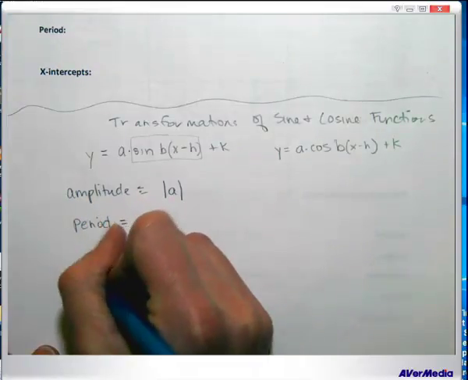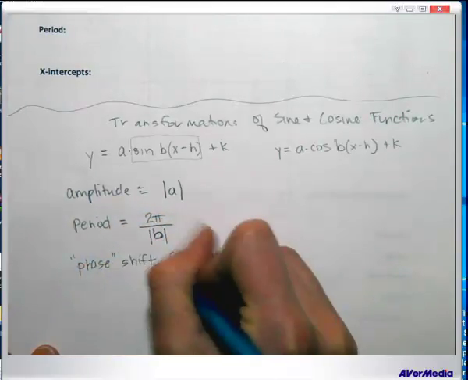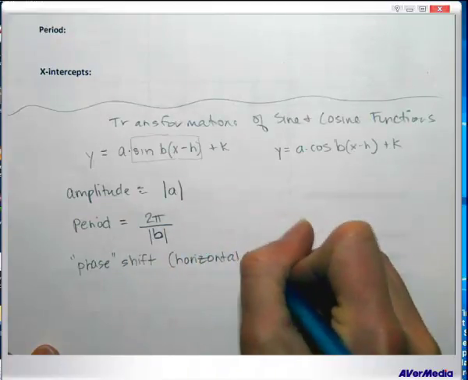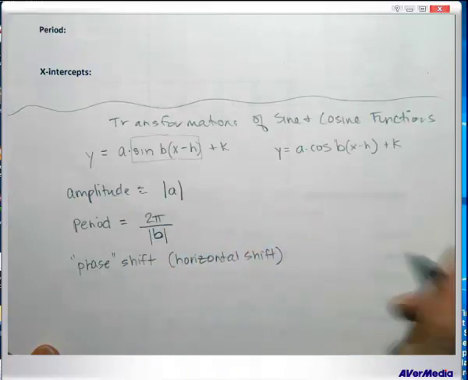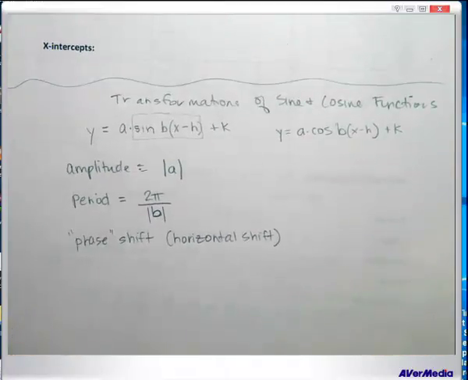Something called a phase shift, which is really just a horizontal shift, occurs. What variable here is doing my horizontal shifting?